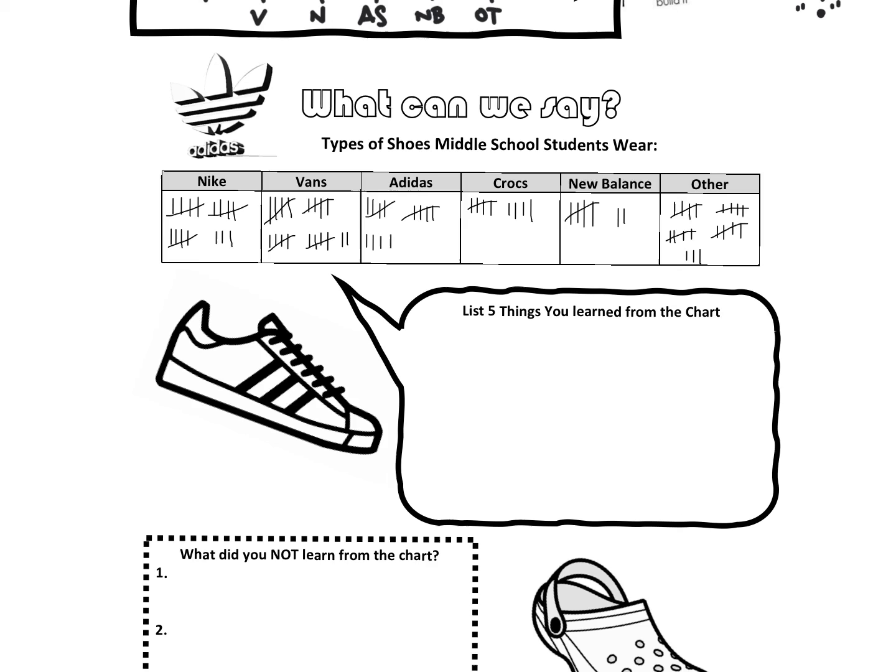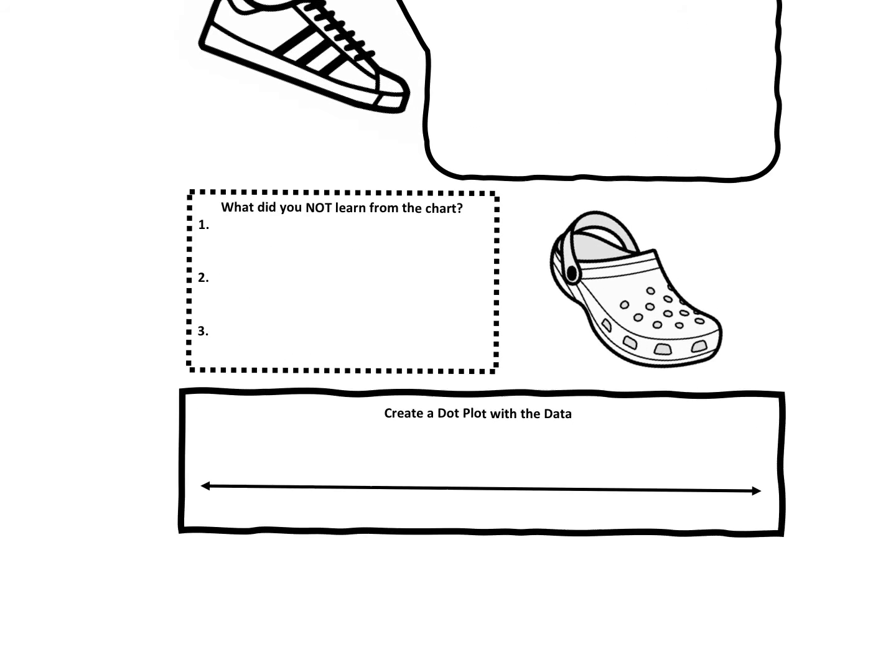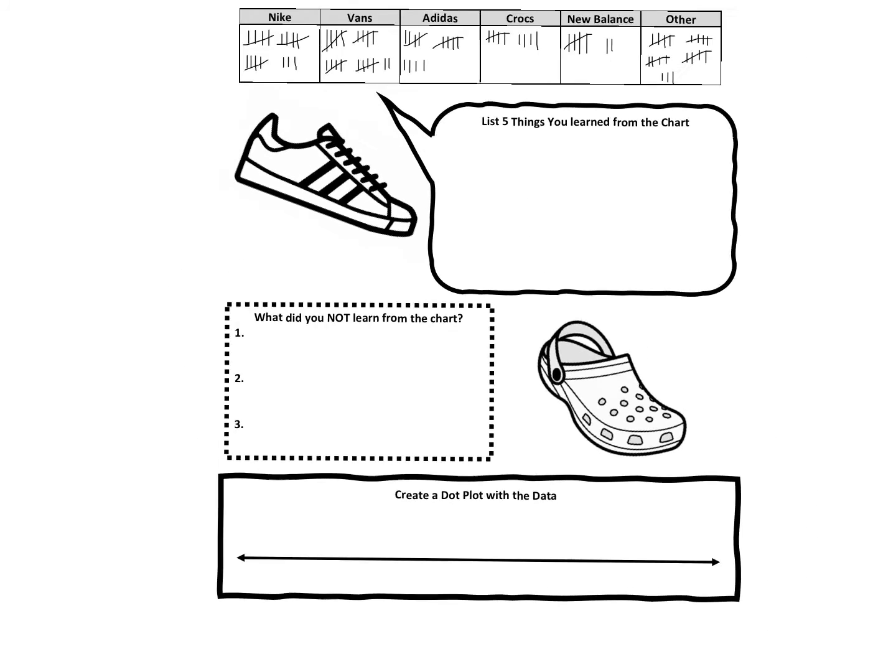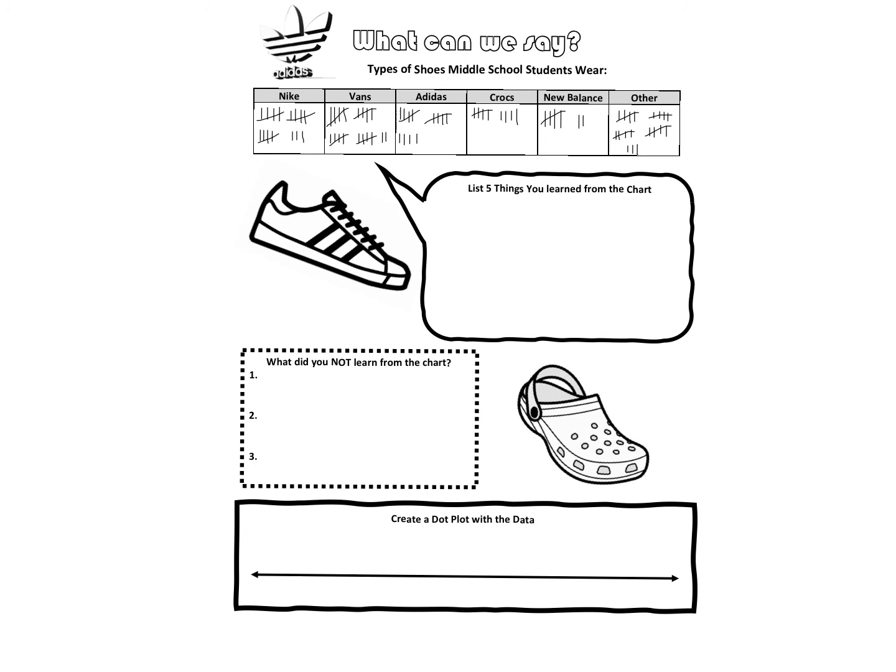It's a horizontal table, which is the same thing. But if I were you, the first thing I would do is go to the bottom and create a dot plot, because it's really going to help you visualize things. Then when you're done, I want you to answer these questions here and these questions here.